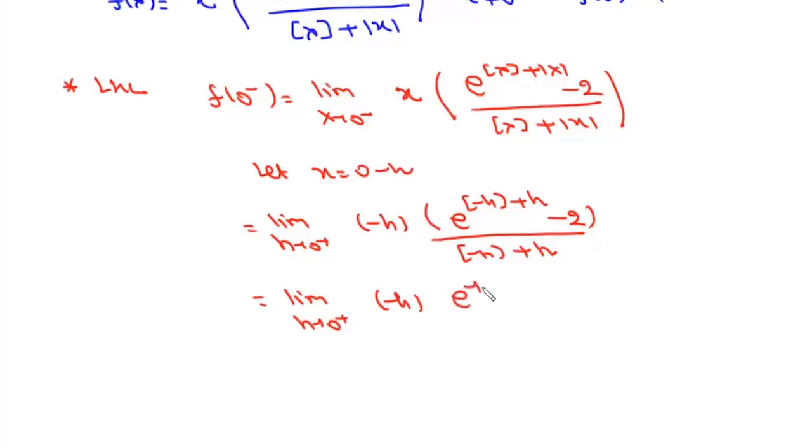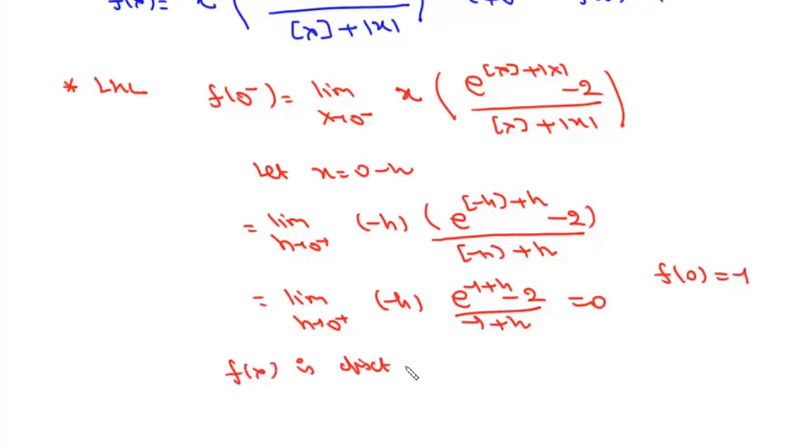So it will be e to the power minus 1 plus h, minus 2, upon minus 1 plus h. Now we put this limit, it is equal to 0. So f(0 negative) is 0, and we are given that f(0) is equal to minus 1. That means this function f(x) is discontinuous at x equal to 0. And discontinuity implies non-differentiability. So this function is non-differentiable at x equal to 0.